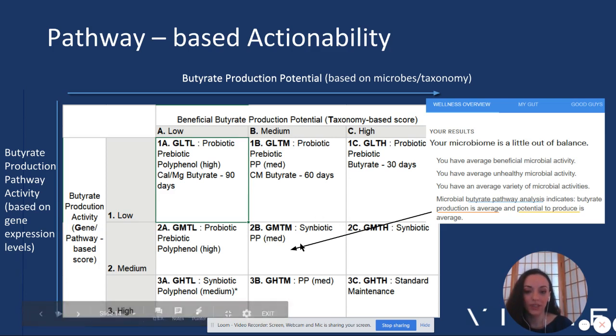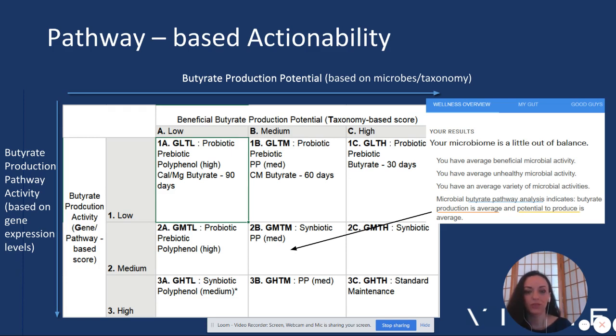Now, what happens if you have low producers? So you have low activity from your butyrate producers, but you have, let's say, high or medium pathway activity. So it's like the function is telling us you're making a lot of butyrate, but you say, I don't have enough butyrate producers according to you guys.